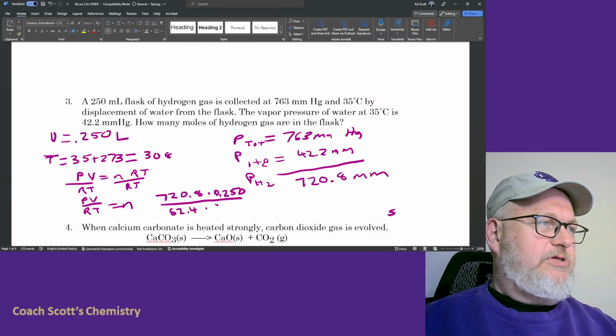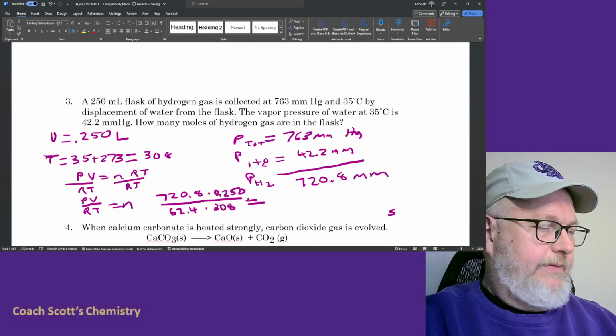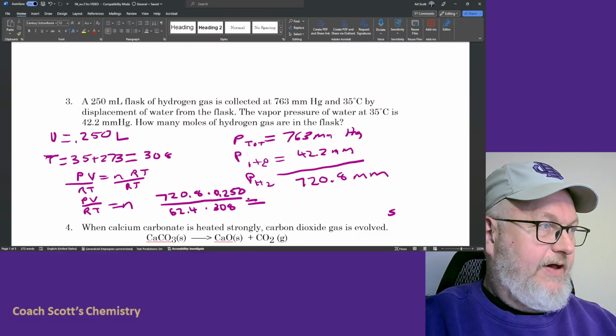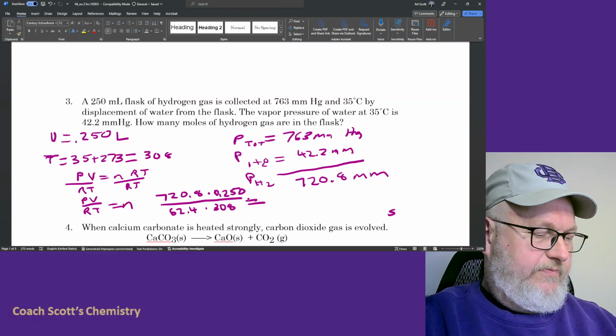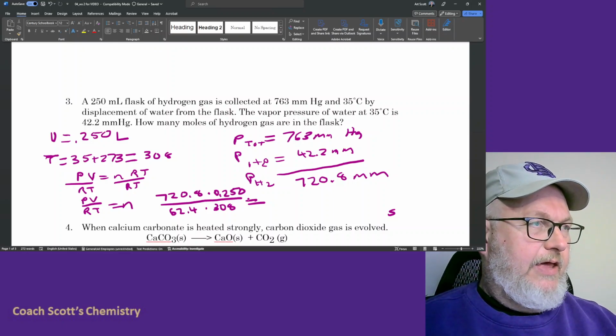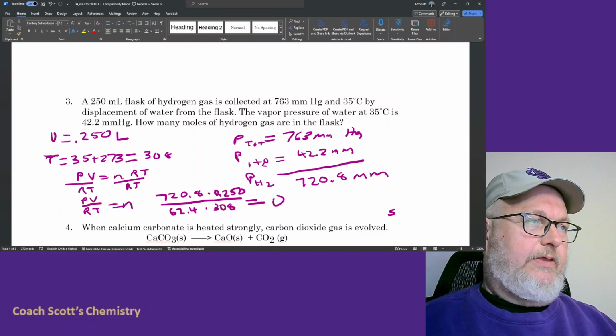And my temperature is 308. And that'll give me what? 720.8 times 0.25 divided by 18.4 divided by 308, and I get 0.00937 mole.